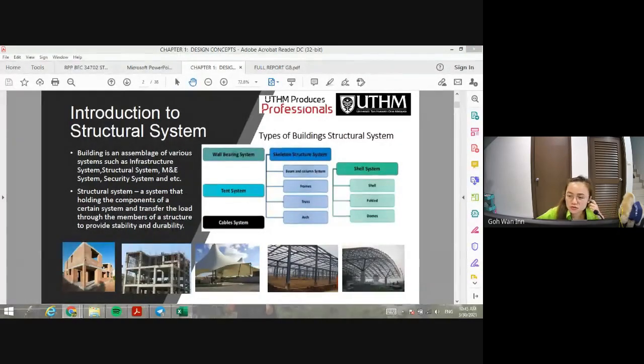Switch the screen. Too small, I cannot see. Wait, let me do something. I want to change the slide.